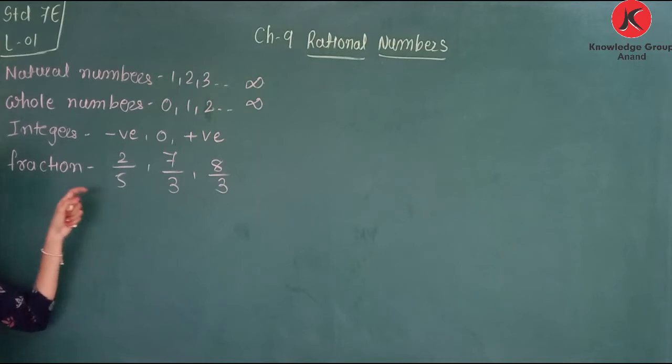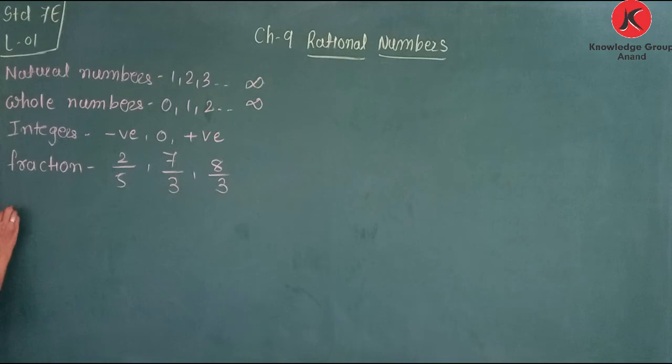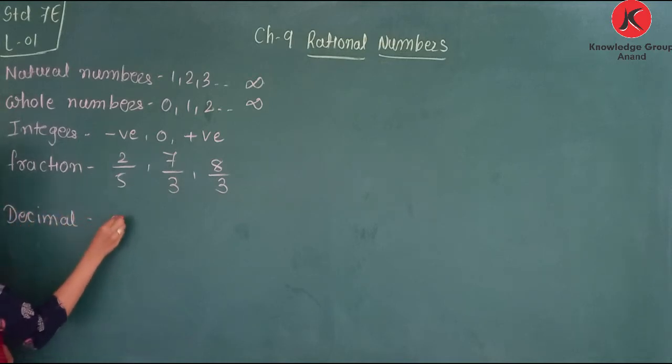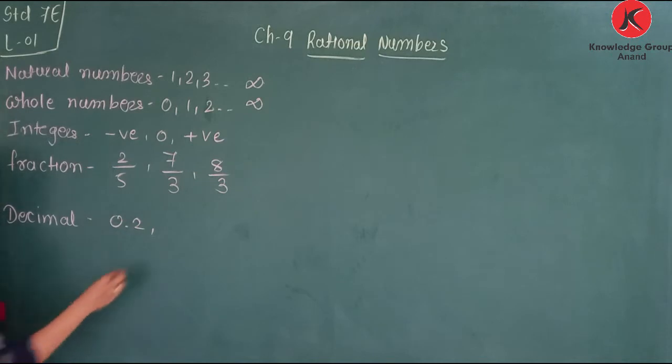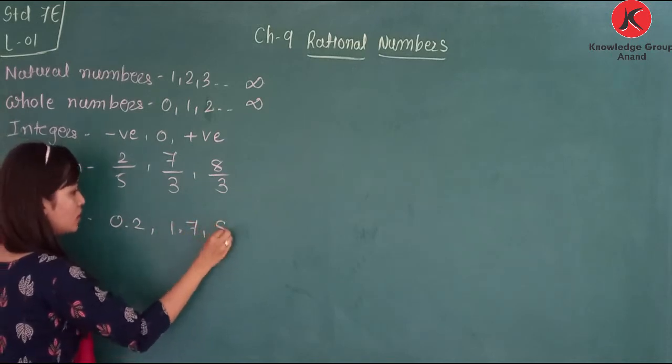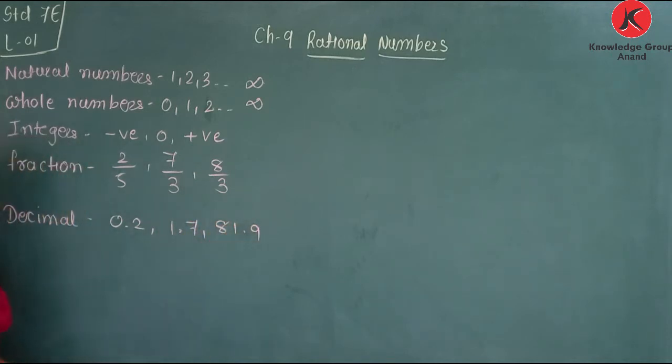We also learned the types of fraction and many more. After that we learn about the decimal. So decimal includes numbers like 0.2, 1.7, 81.9. So these are the decimal numbers that include the decimal point. We already learned in detail about the decimal number.